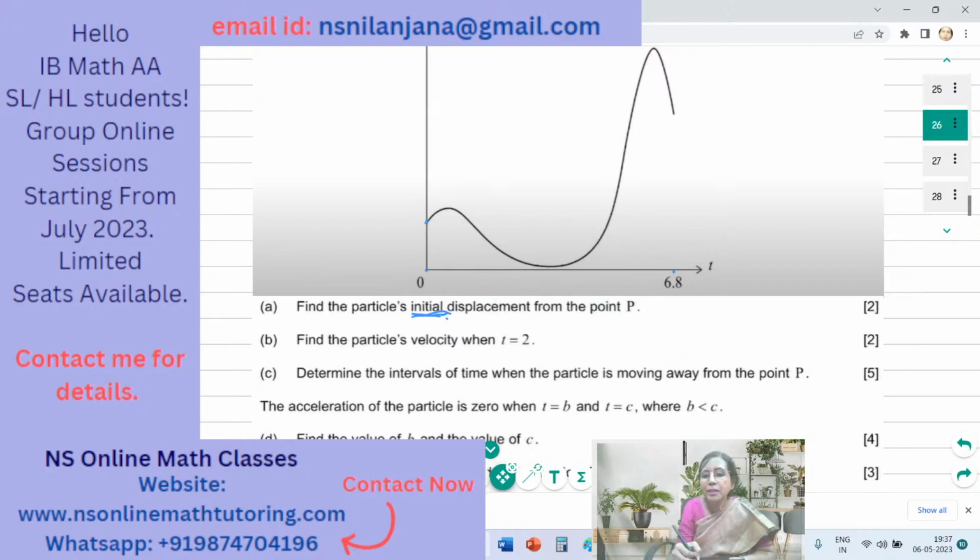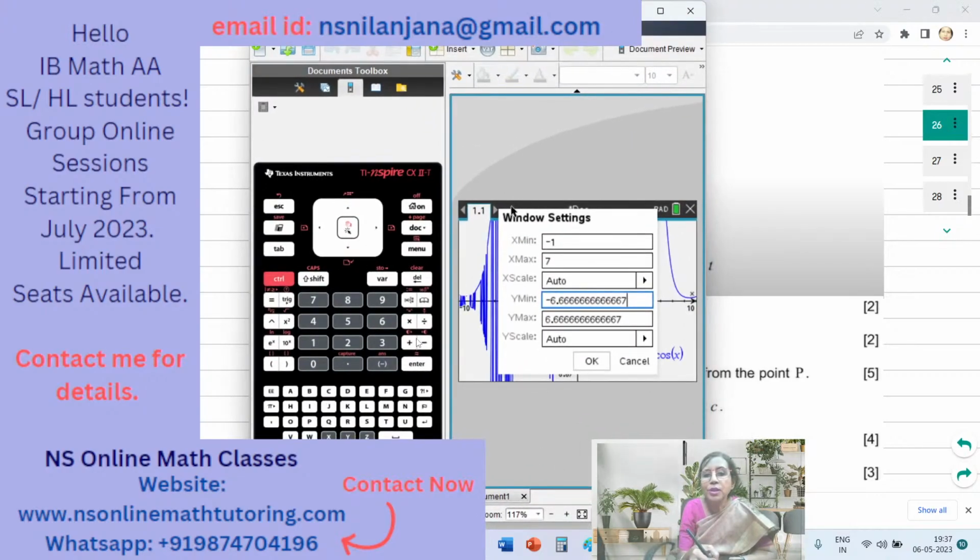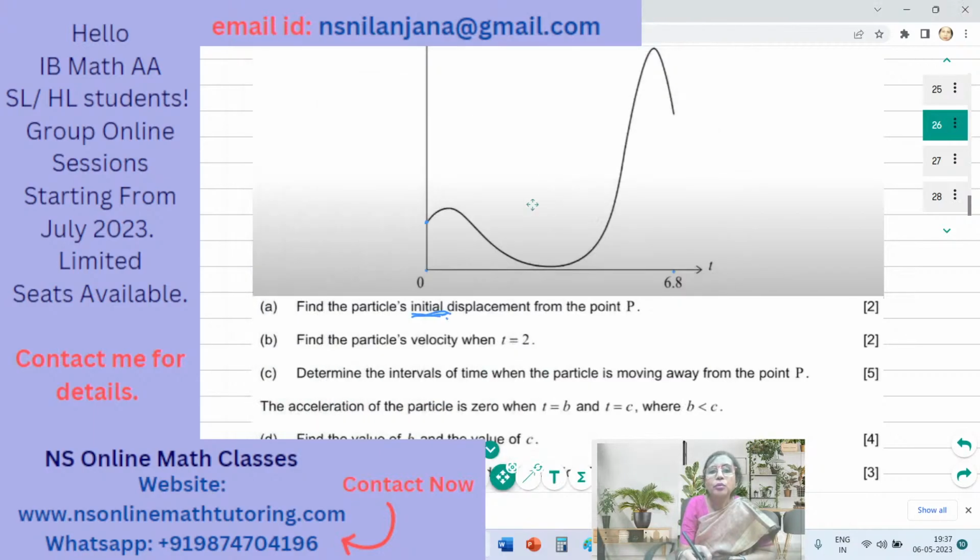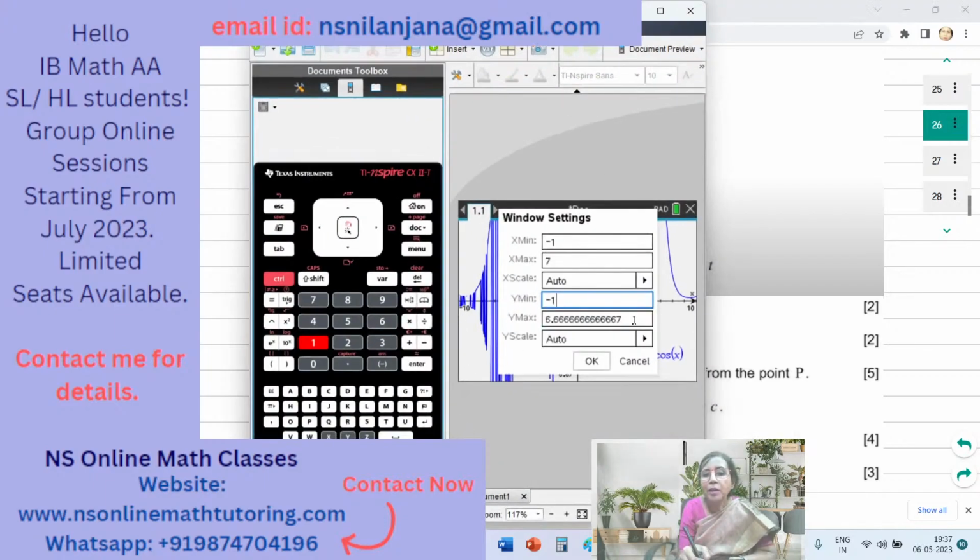So let me take -1 just to see the axis. -1 to, let me take 20, I am not sure.